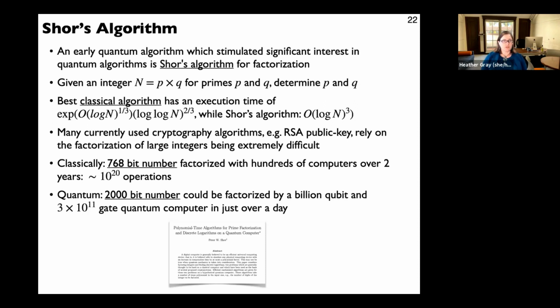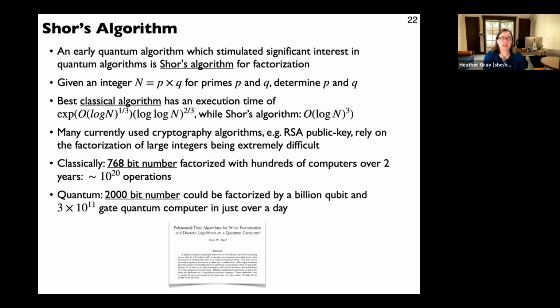You can see here that the best classical algorithm, which I linked, and which people are very actively working on, has an execution time which grows exponentially with n, meaning that it takes a really long time. However, in Shor's algorithm, the execution time is just approximately log n cubed. And so you can see that you have a dramatic speedup over the classical algorithms.